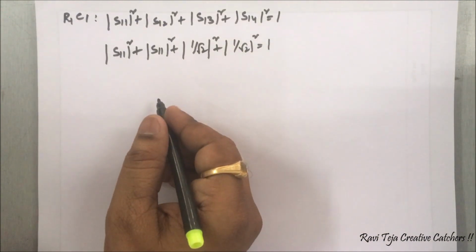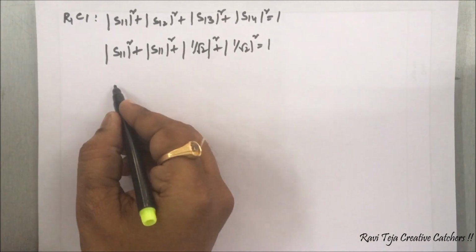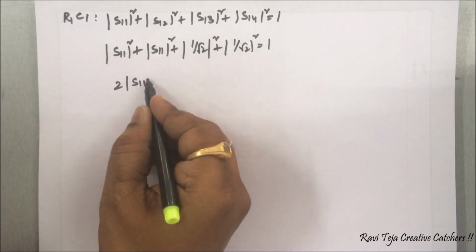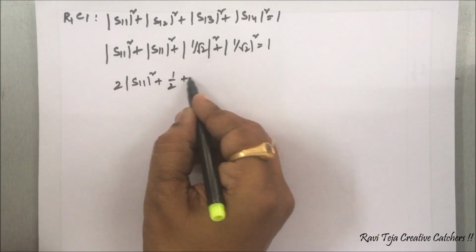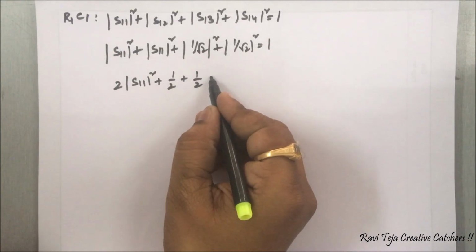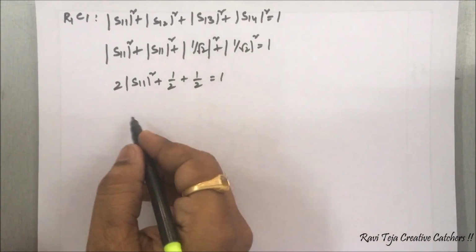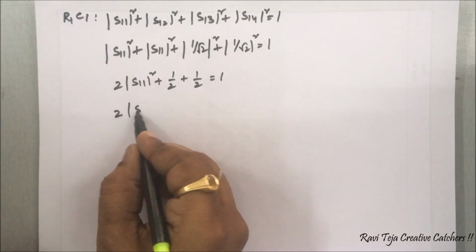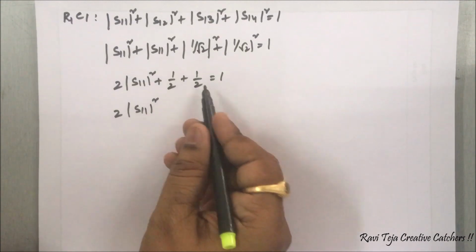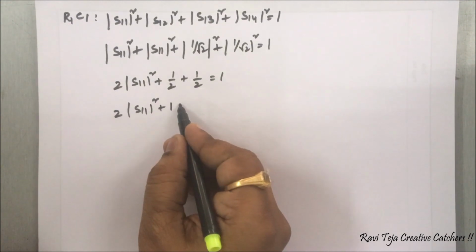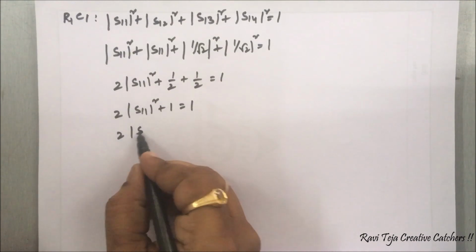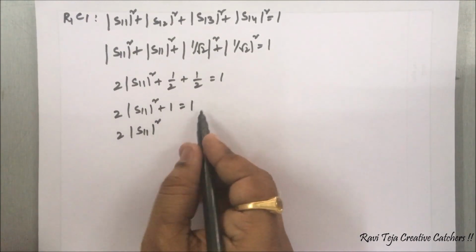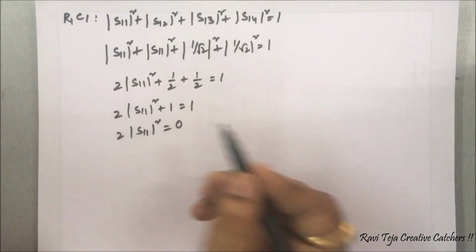This can be written as 2 S11 square plus 1 by 2 plus 1 by 2 is equal to 1. So 2 S11 square, this half plus half becomes 1, is equal to 1.